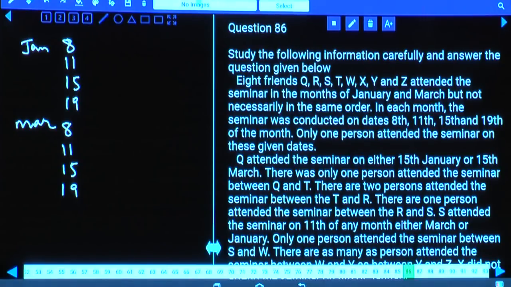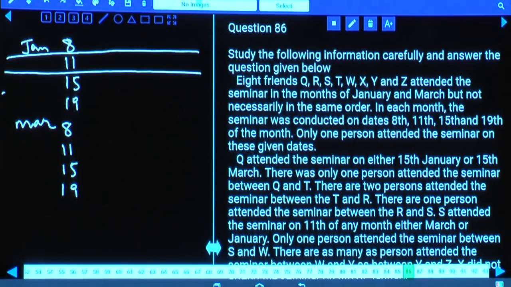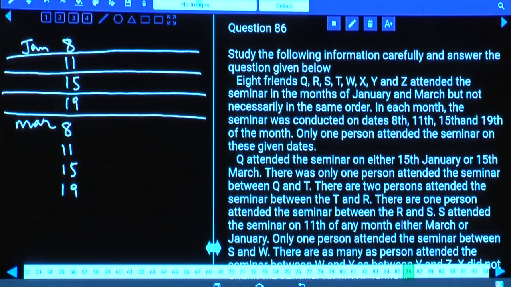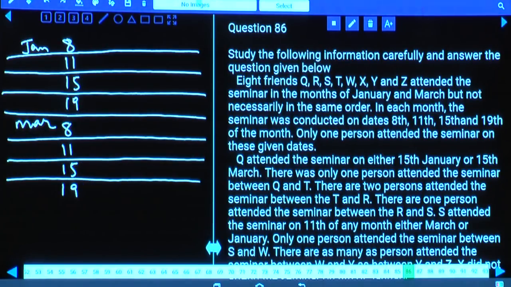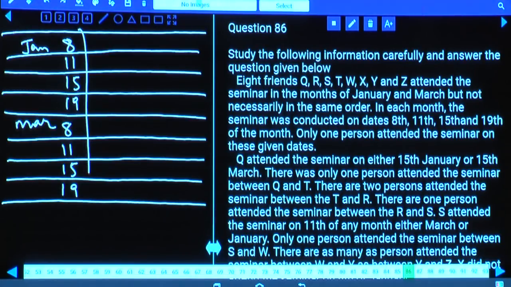And there are 8 persons attending the seminar on different dates. Then what is the next information here? Again in this one also March 8, March 11, March 15 and March 19. Then only one person attends the seminar on these given dates.